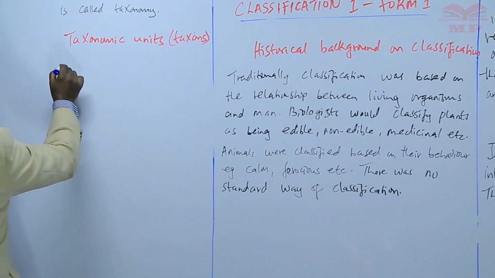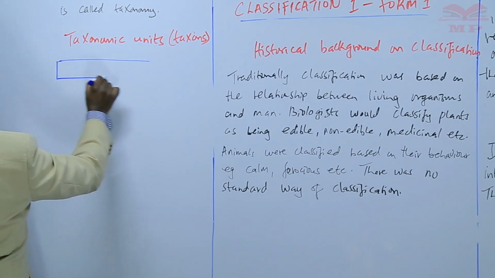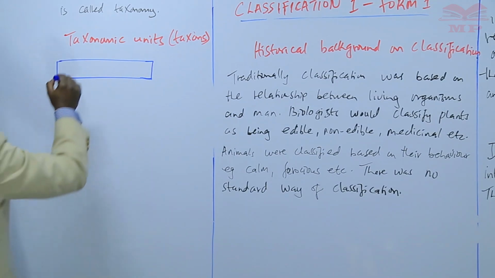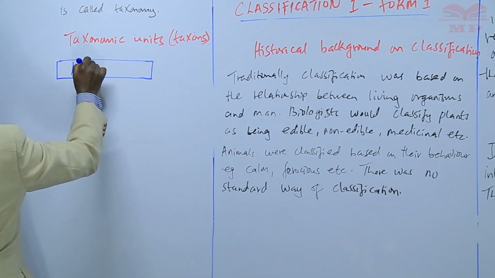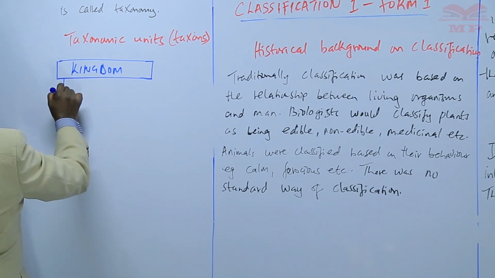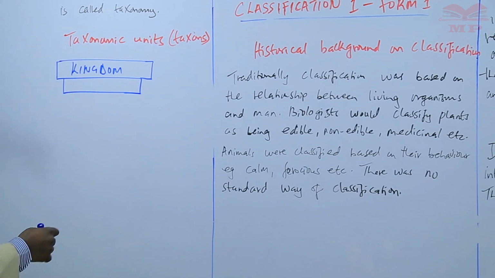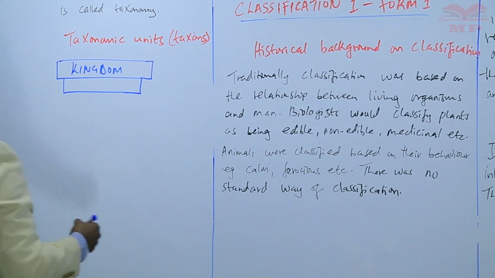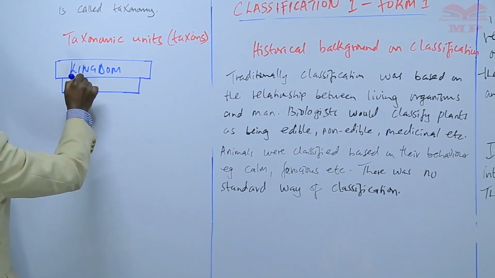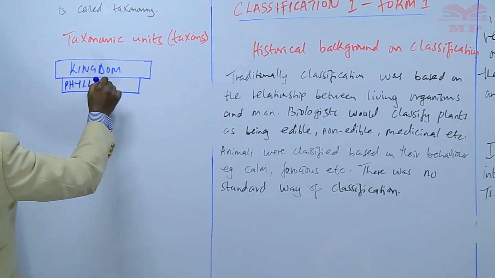So we start with the one that has the highest number of organisms. We refer to that as the kingdom. The kingdom is then divided further into smaller divisions called phyla or division.